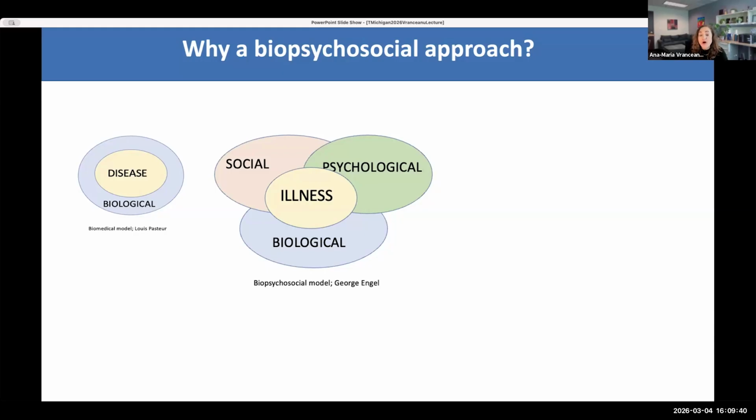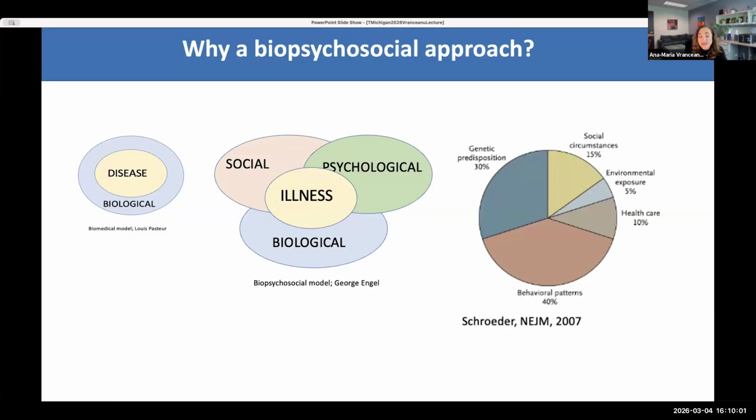And then over time, the model evolved so that it now includes spirituality, which we know is extremely important in the context of neurological illness. So what this model shows is that people with the same level of disease can have different trajectories based on the interrelation of the biopsychosocial factors.